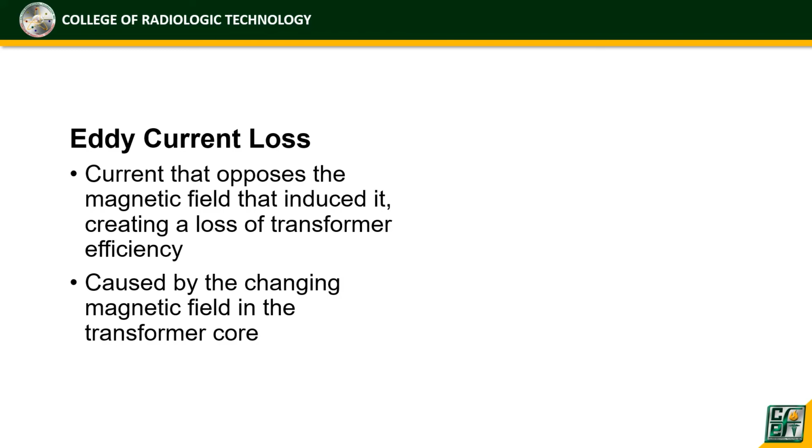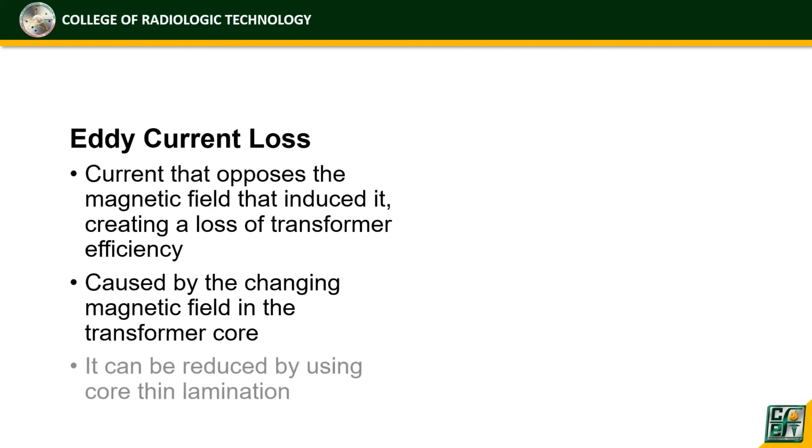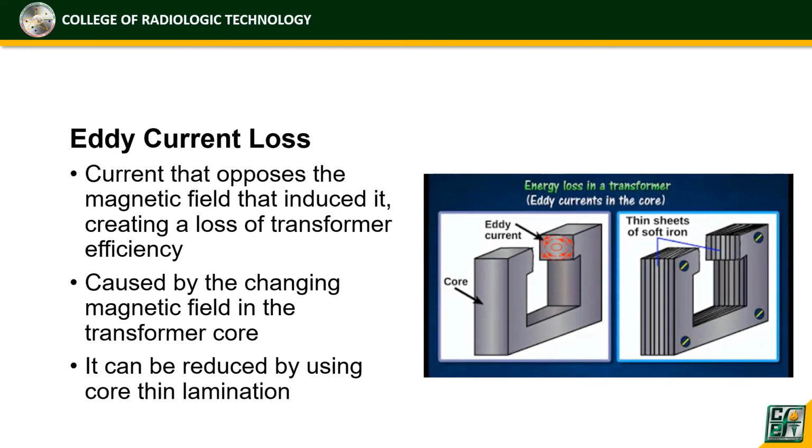Okay, so therefore creating a loss of transformer efficiency or power loss. Okay, so it is caused by the changing magnetic field in the transformer or the alternating current. Dahil sa alternating current, nagkakaroon ng change in the direction of the magnetic field.